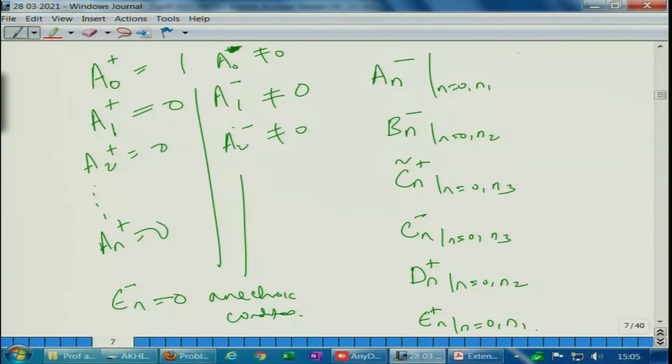So we have that many variables. If we assume n1 is equal to n2 is equal to n3, which equals q, then we have q unknowns for each set, so 6q in total, or 6q plus 1 if you consider the plane wave separately.